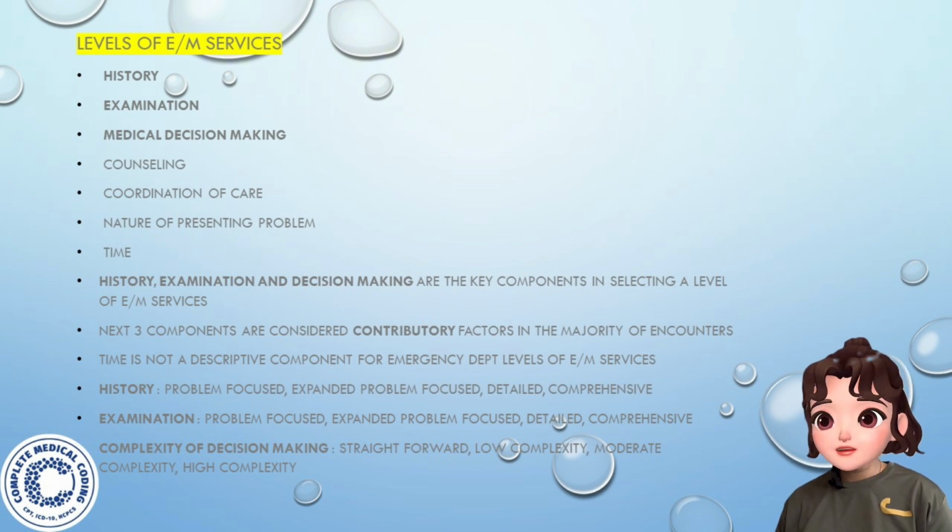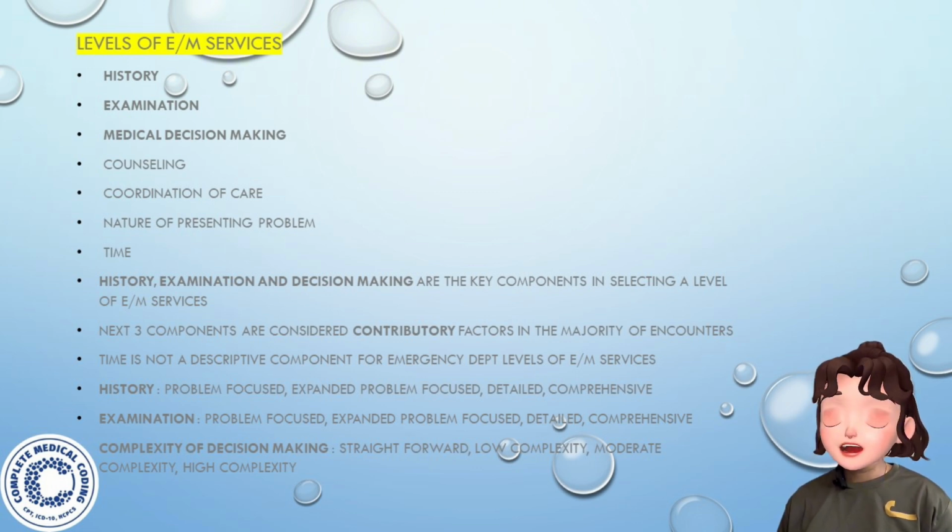The next 3 components, counseling, coordination of care, and nature of presenting problem, are considered contributory factors in the majority of encounters. And the last one, time, is not a descriptive component for emergency department levels of E&M services. Otherwise it is also necessary.